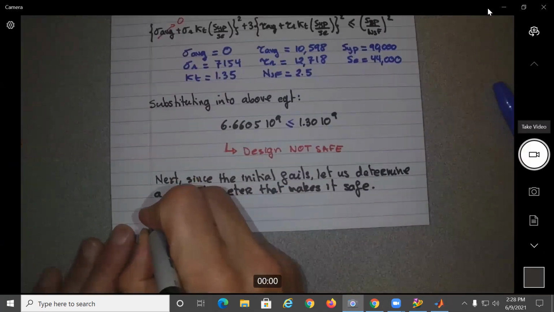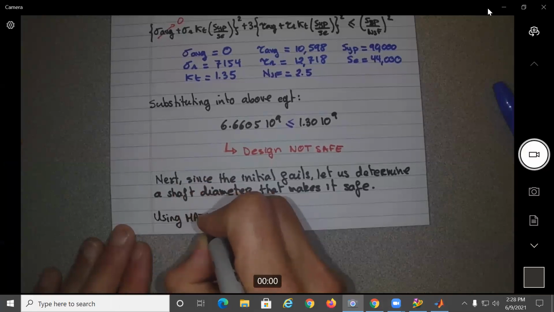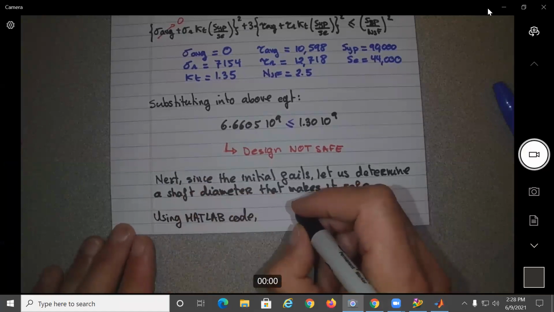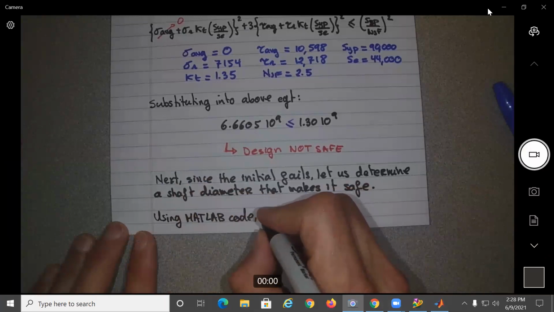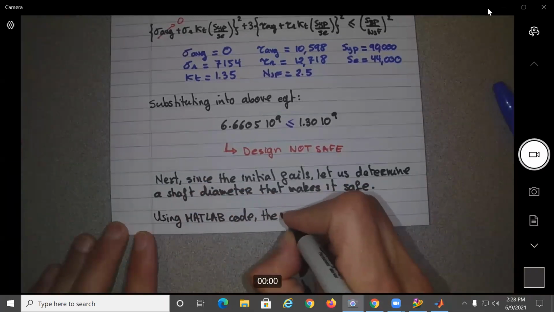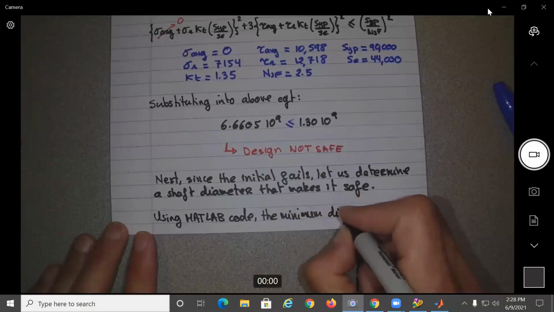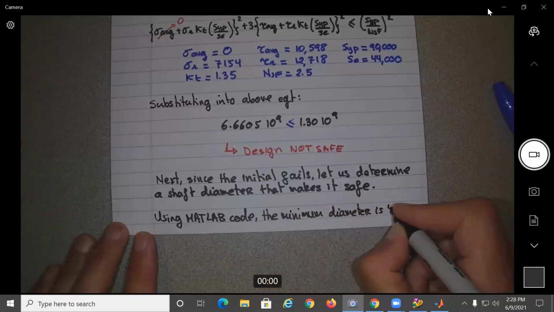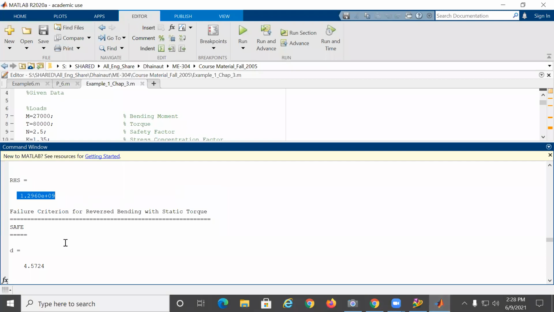Using MATLAB code, the minimum diameter is 4.5724.